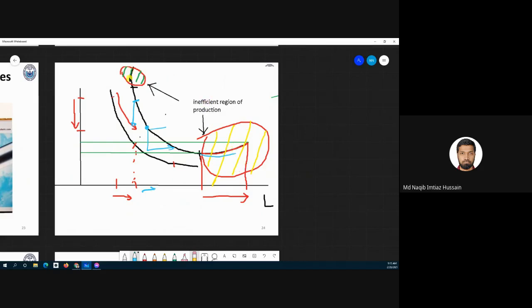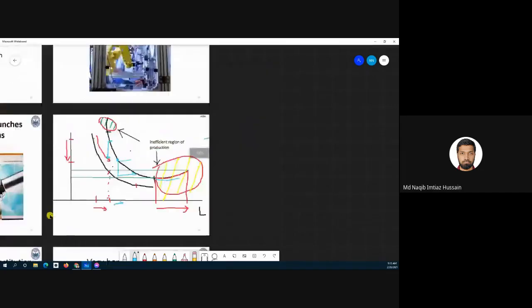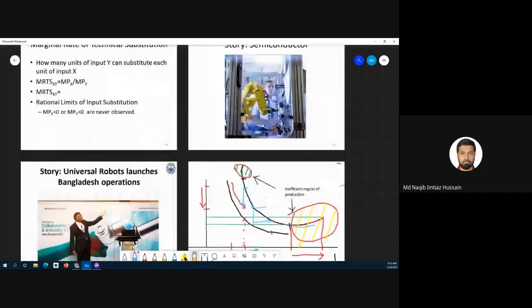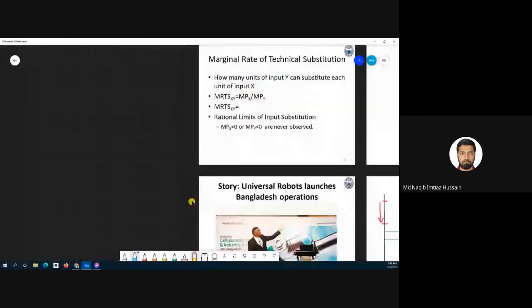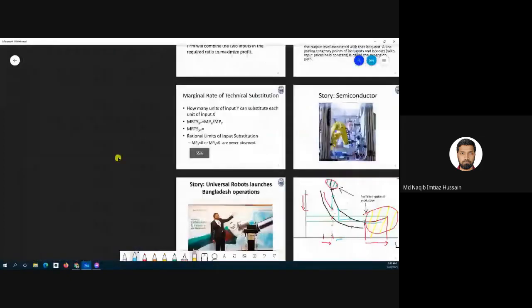Okay, you can find this kind of inefficient region of production at either side of the isochrone lines. Okay, all right. So just for the sake of mathematical rectification, your MRTS is, by definition, you have seen this, right?